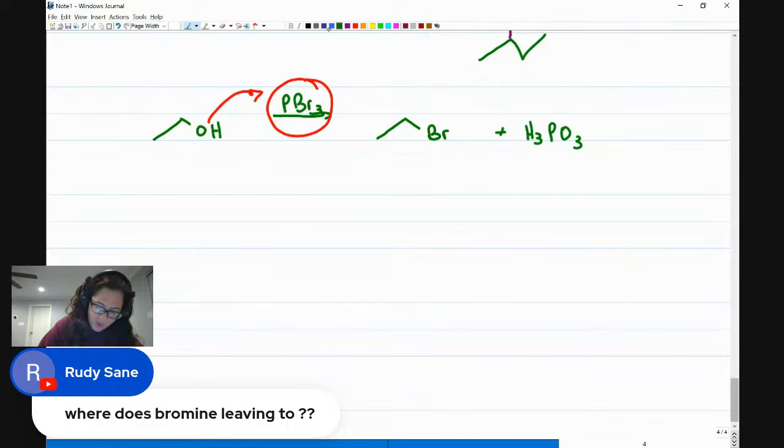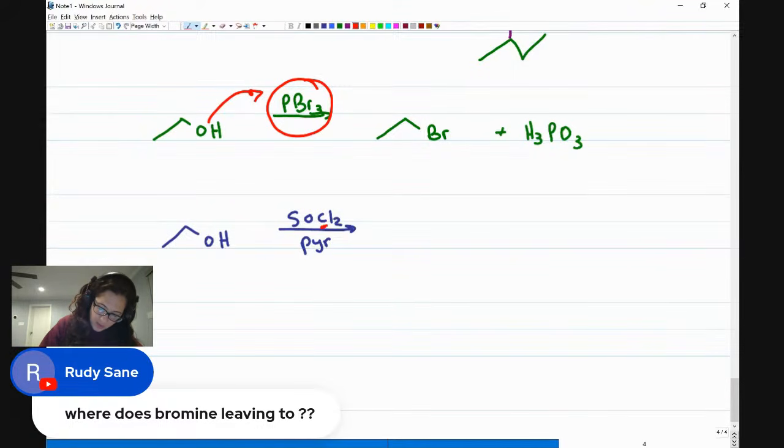A couple more that you're going to see is, for example, if I take this alcohol and this time I react it with SOCl2, you're going to see this a lot in Orgo 2. Pyridine is a good mild base, great for stabilizing any acid that forms. And that will give me the chlorine is going to add.